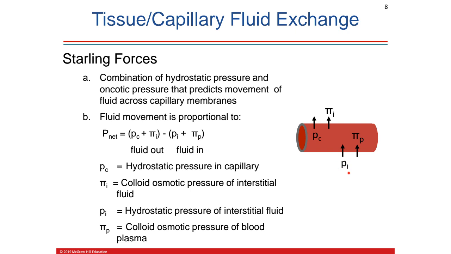The hydrostatic pressure of the interstitial fluid would tend to force fluid in, and the colloid osmotic pressure of the plasma, which is pi sub p, would tend to draw fluid into the capillary. So therefore, the overall net pressure, or P sub net, is equal to the difference between these, as you can see in this equation here.